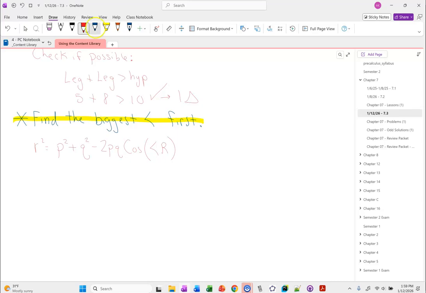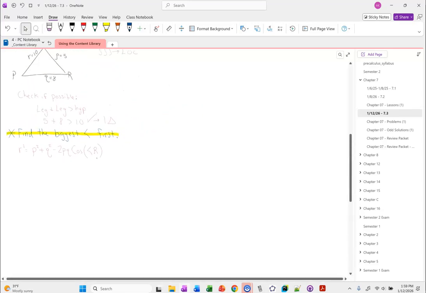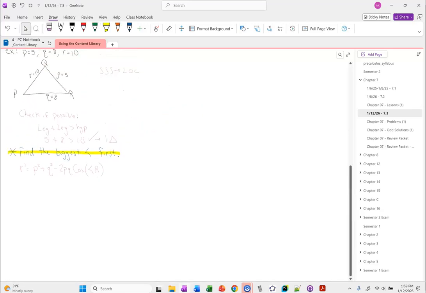So again, if you have trouble seeing how I did that, I kind of did that and then just used my standard formula, or just relabeled it with A, B's, and C's.